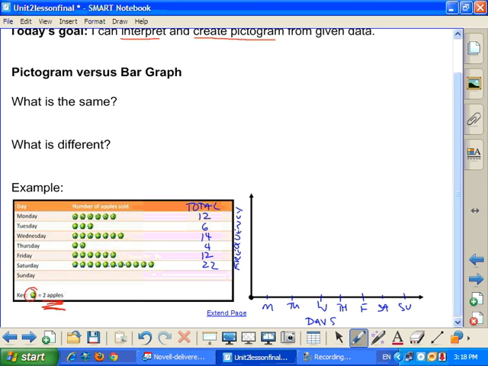Okay, so if I go up, let's go up by 4s: 4, 8, 12, 16, 20. So if I do my bars, I'm doing this really quick here. Monday gets 12, then we go to 6, then 14, up there, 4, Friday's at 12.